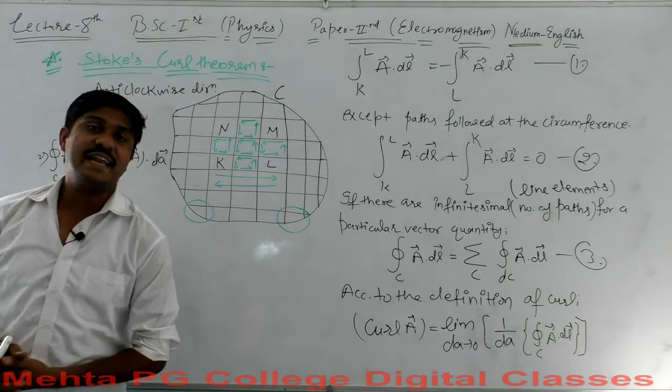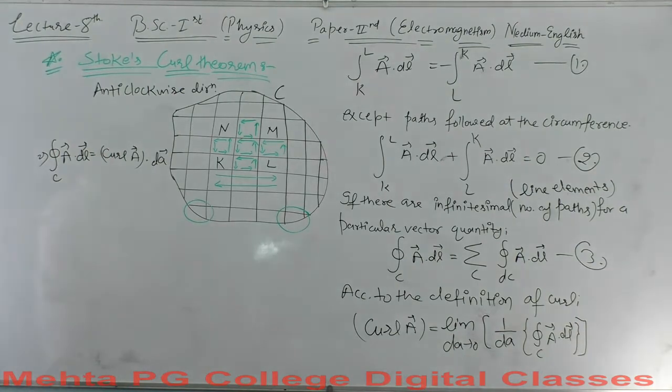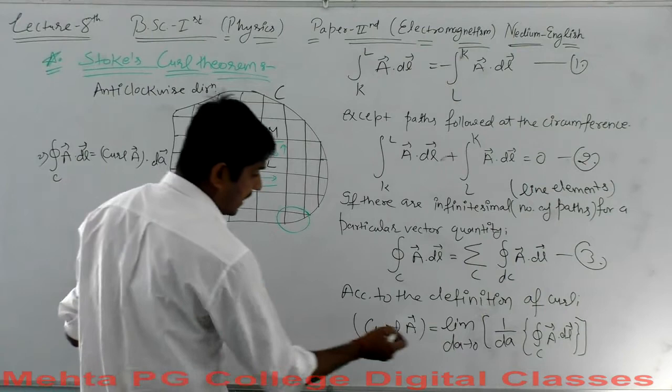Yes, dA will have a direction here. Certainly it must have a direction, because even the curl has a direction. You can say that this is n cap.